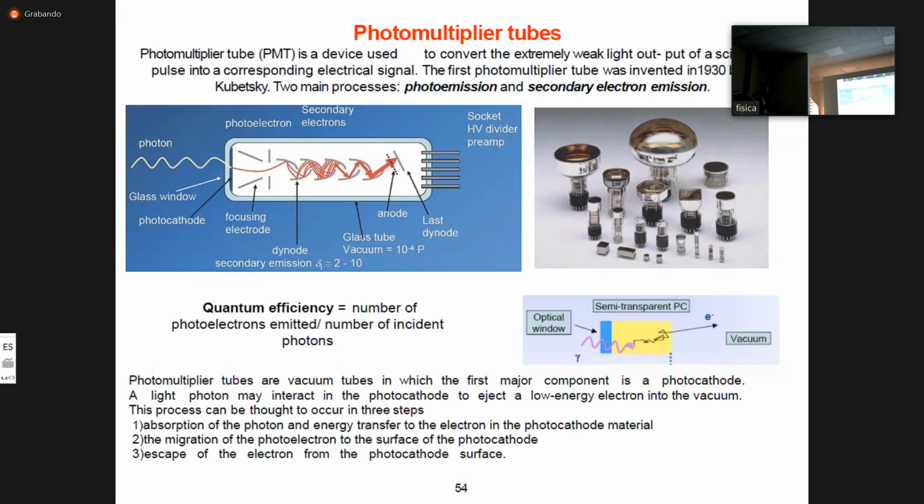And you have a glass window. Remember, I told you that you have a refraction index which is close to glass because you have a glass window in the photomultiplier tube. And the second structure, which is located inside this vacuum tube, is a photocathode.